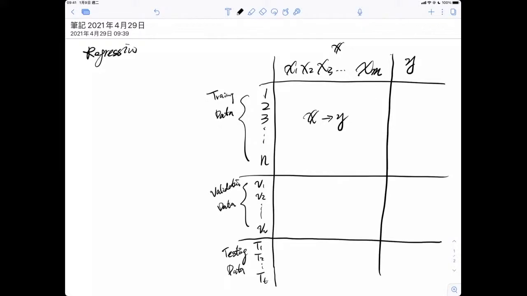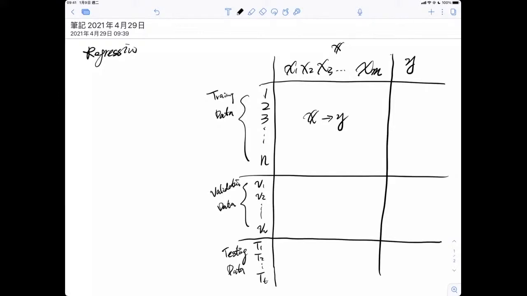You collect the data and you partition them into 3 different parts, and use the training data to train your model. Use the validation data to make sure your model is good enough, and use the testing data to verify, for example, your accuracy, your MSE value, your mean squared error value.